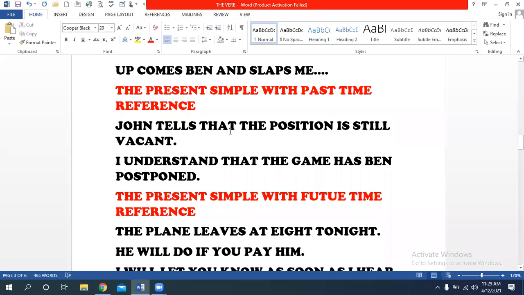John tells that the position is still vacant. It was vacant, it is vacant. So he is referring to past with a reference that it was vacant and it is vacant.